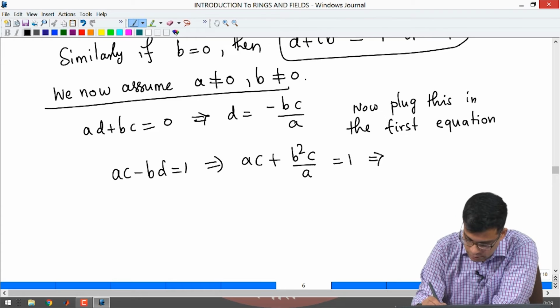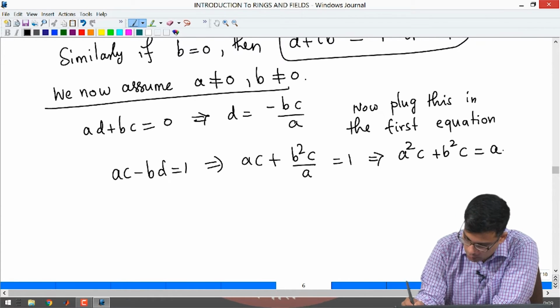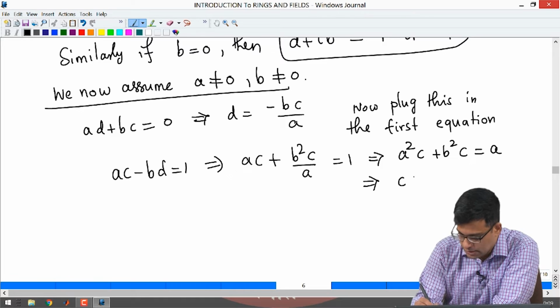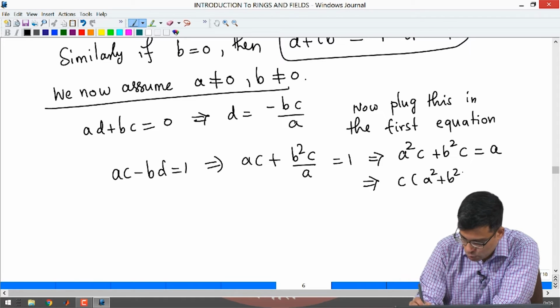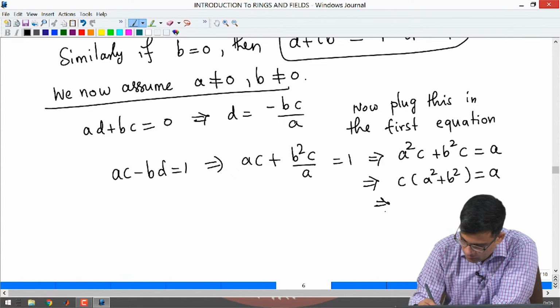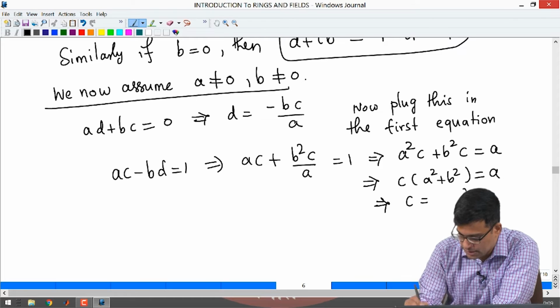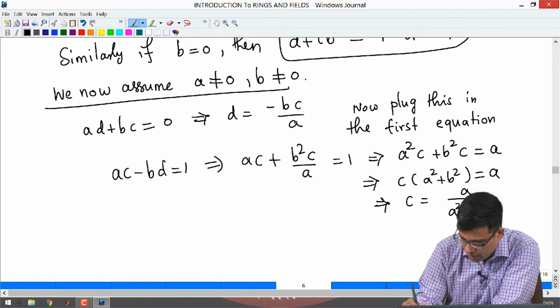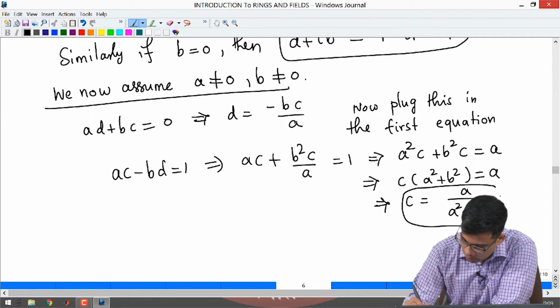So, this means A squared C plus B squared C is equal to A. That means C times A squared plus B squared is A, that means C is A by A squared plus B squared. Okay. So, this is a simple calculation.